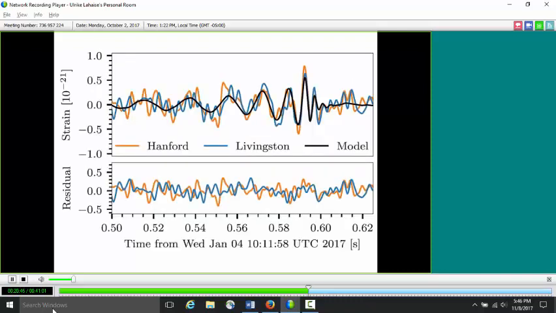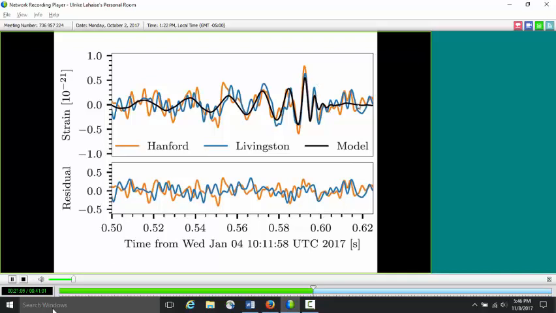This is another one of the detections. This was the most recent one, made in January of this year. The black line is the best fit model. They do a computer simulation to try and model what exactly happened. What were the sizes of the objects that merged together? How far away are they? What's the orientation of their orbit with respect to our line of sight, and all that stuff?